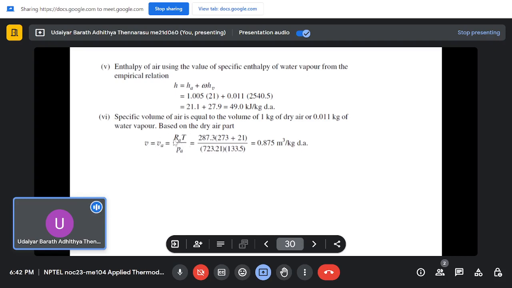Ra is 287.3 for air, into temperature, divided by pressure. So here 723.21 is the P minus PV, with conversion to Newton per meter square. So this will come out to be 0.875 meter cube per kg of dry air.